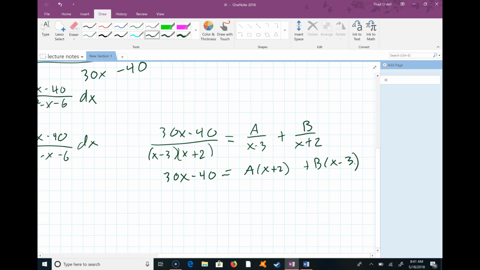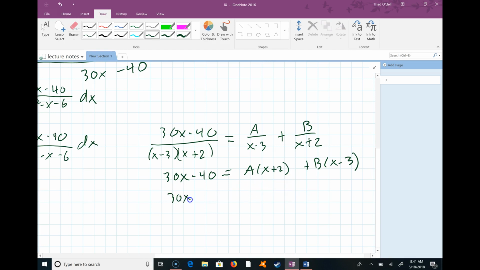And in this case, it might be easier to do the case thing, unless you like the other way. You can see that it's going to be A plus B equals 30, and 2A minus 3B is negative 40. Or you can just put in a negative 2, so you'd say let x equal negative 2 for a second. And if x is equal to negative 2, I think that's more work at least. I'm going to do it the other way.